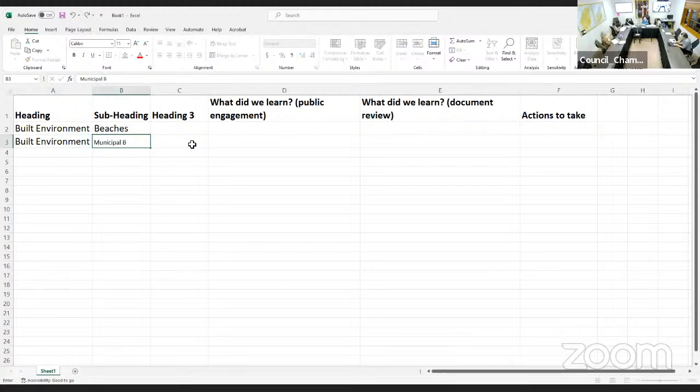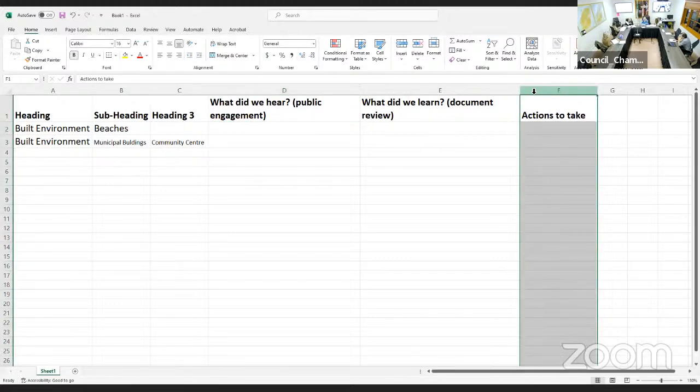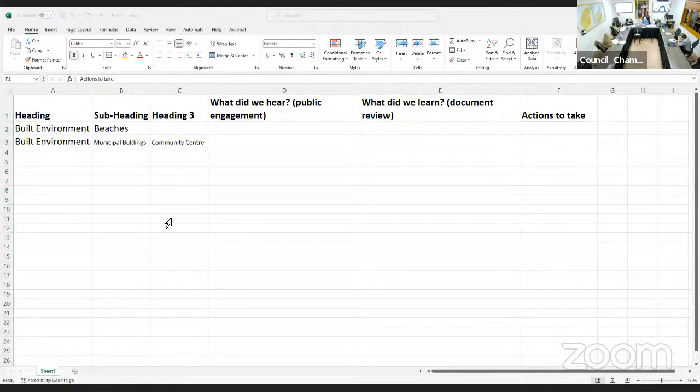Can I be a weird wordsmithy person? Can we say, from the public engagement, what did we hear? And then what did we learn from the documents? Because you learn from what exists and hear from people's voices. So if we go back to the template: barriers identified, A is what we found, internal review.